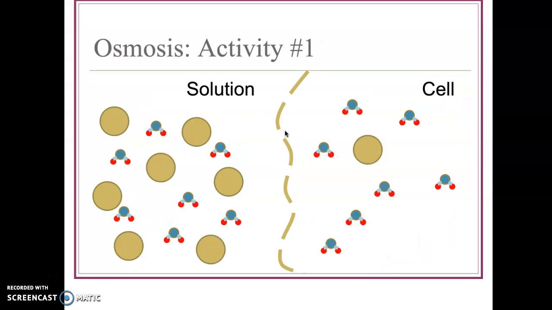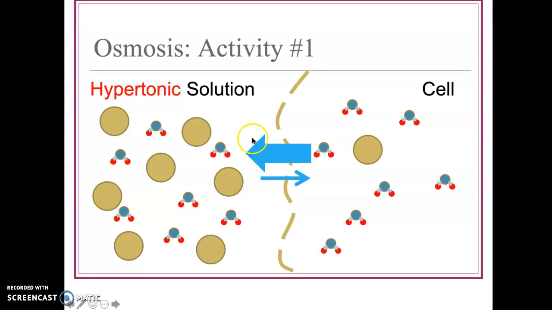So now, one type of diffusion is osmosis. And osmosis can be defined as diffusion that is specific to water. If you look at a solution on the outside of a cell, and then you look at a solution on the inside of the cell, things will have a tendency to go one way or the other based on their concentration.